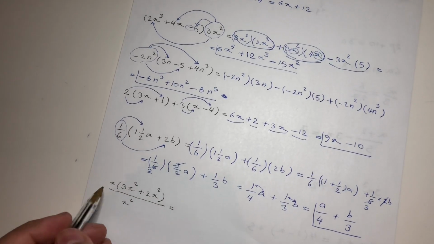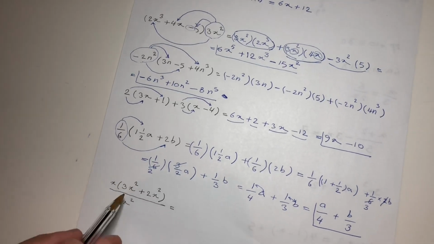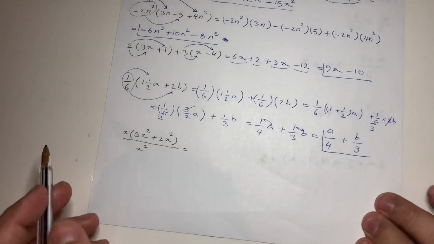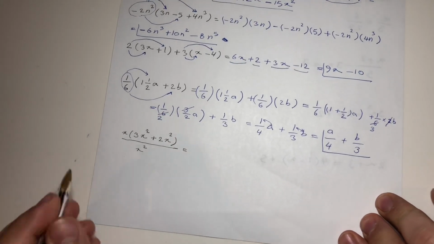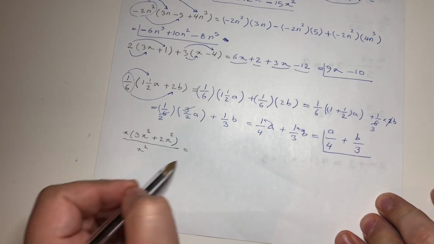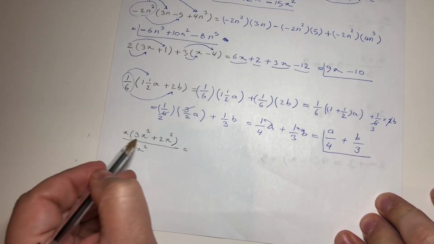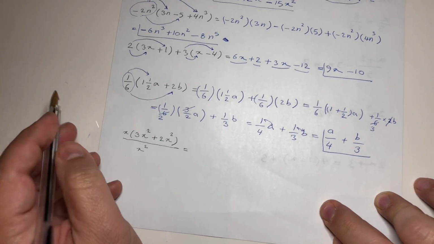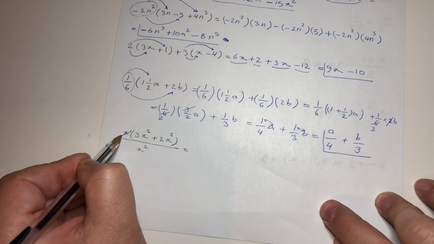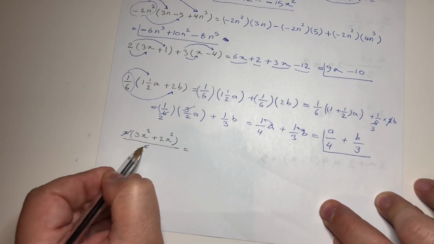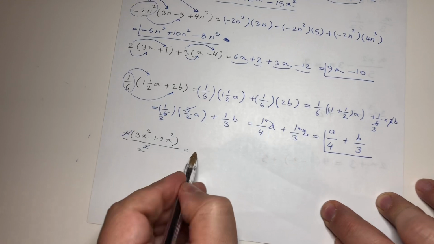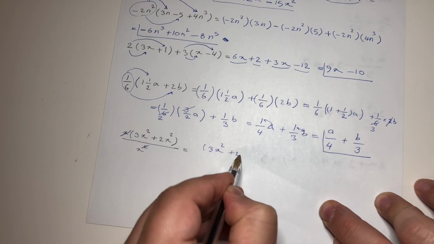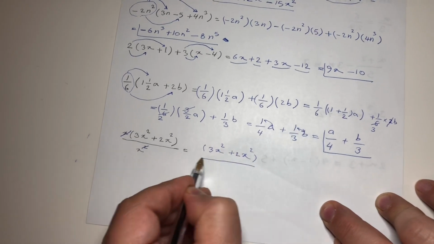Okay, another example here. There are different ways of doing this. Basically, the way I prefer to do it, if you look at the whole expression, you have something in the numerator and some expression in the denominator. First thing we can do is simplify this x with this power, right? So now we have 3x2 plus 2x2 over x.